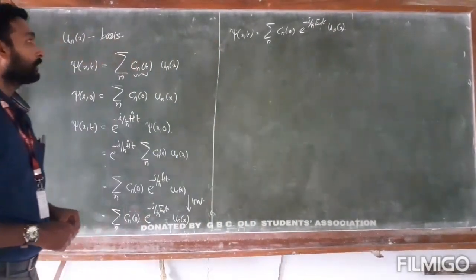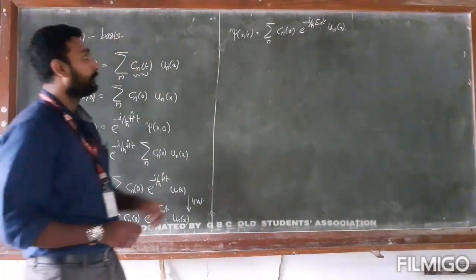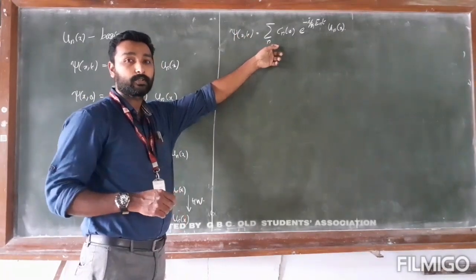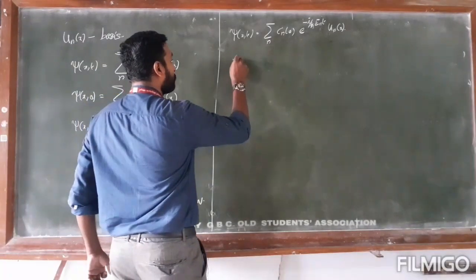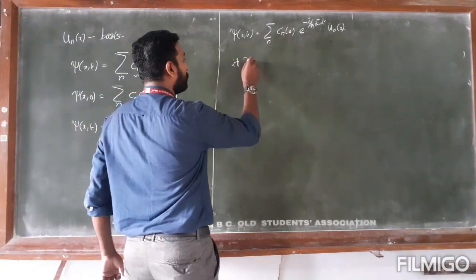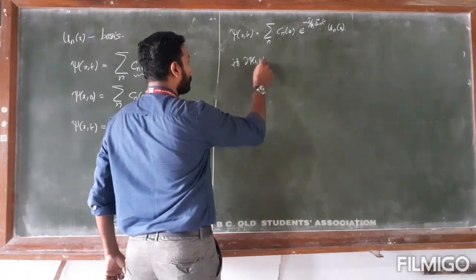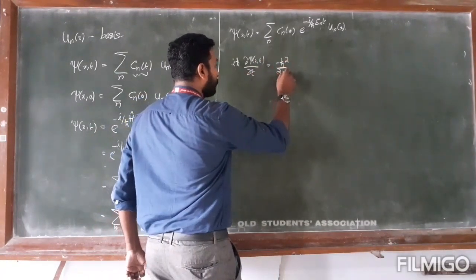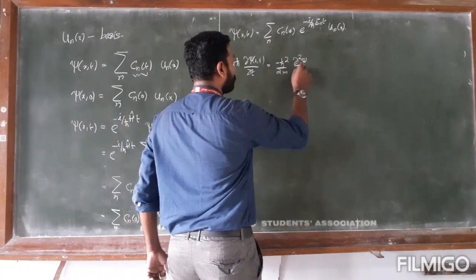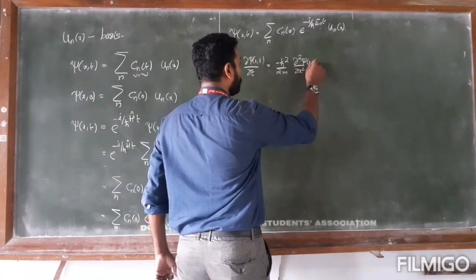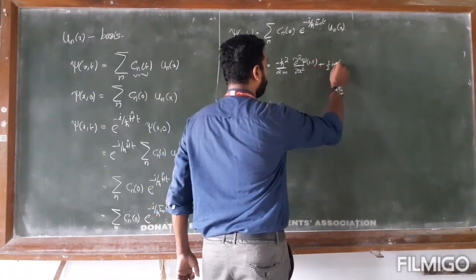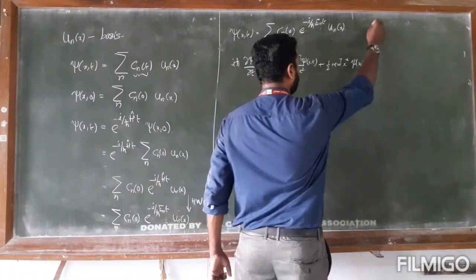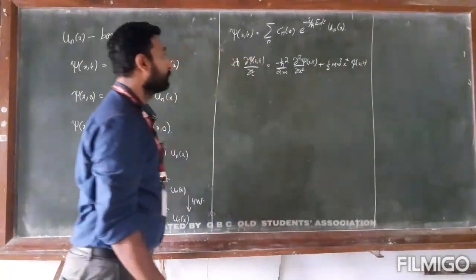Now we can substitute this form of psi of x, t in our time dependent Schrödinger equation. What is the time dependent Schrödinger equation? i h cross dou psi of x, t by dou t equals minus h bar square by 2m dou square psi by dou x square, as a function of x, t, plus half m omega square x square psi of x, t.